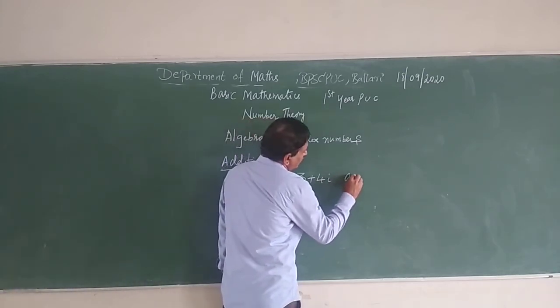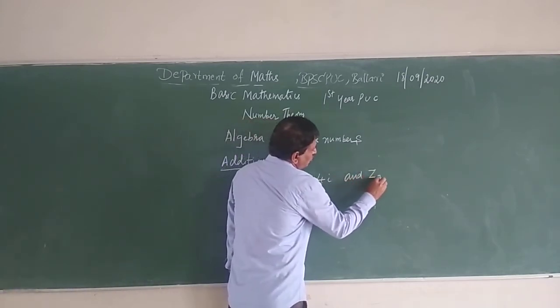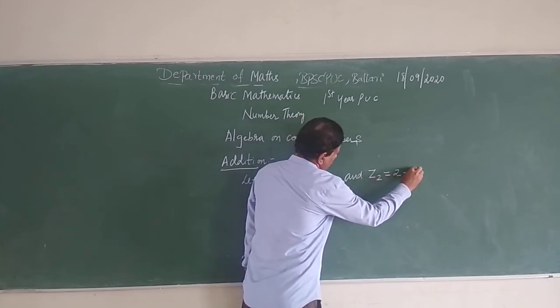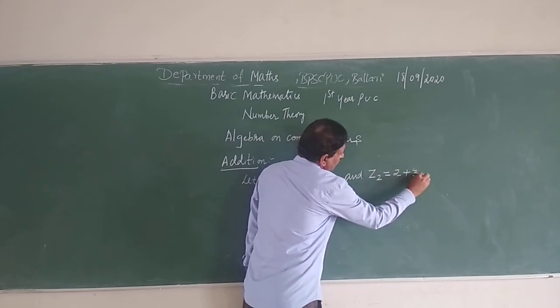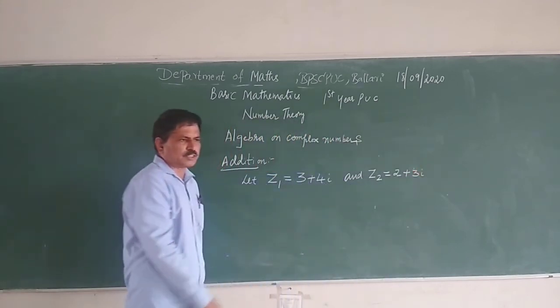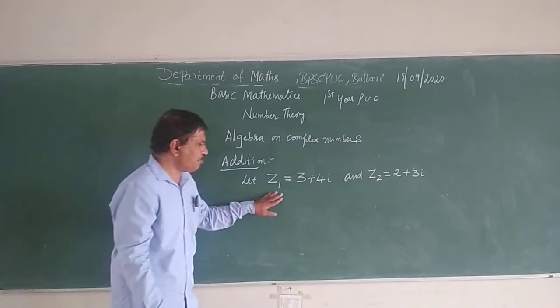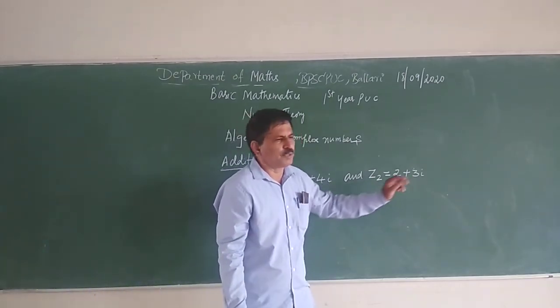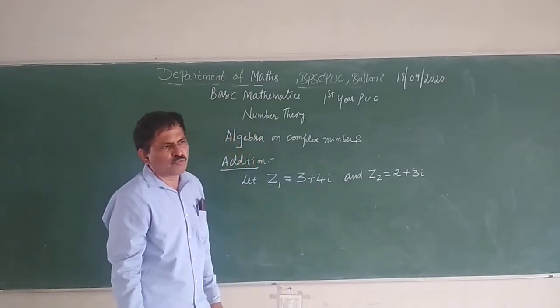And Z2 is another complex number. So let Z1 be the complex number 3 plus 4i and Z2 the complex number 2 plus 3i.